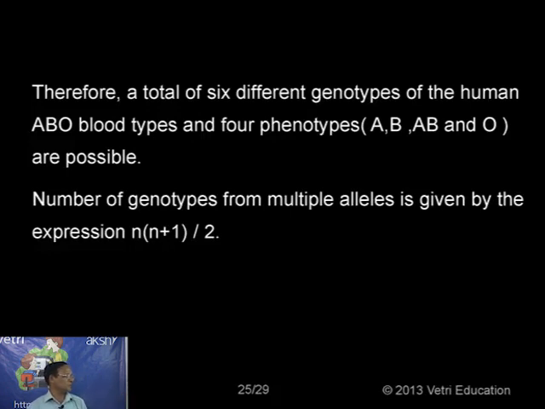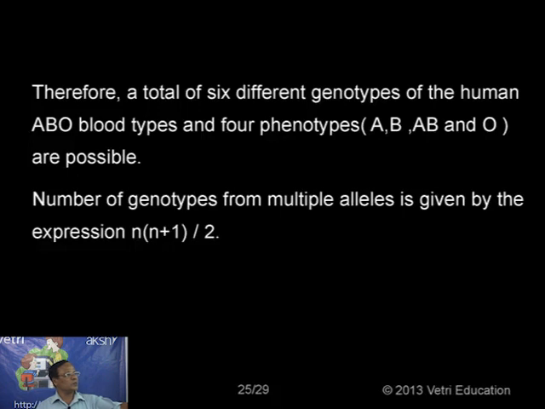If any number of multiple alleles is given in the question paper, you can calculate the number of possible genotypes. By the formula, the number of genotypes from multiple alleles is given by n into n plus 1 divided by 2, where n is the number of multiple alleles.